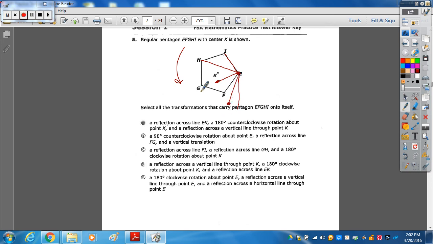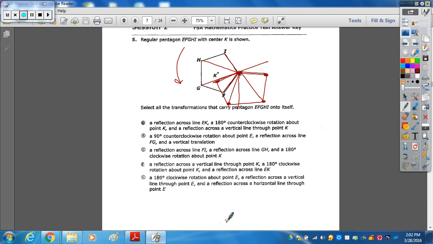That would be H, G, G would be somewhere in there, F would be somewhere, nope, that's not right. F would be somewhere in there, and then E remains the same, so we would have something that would look like this. Okay? And in that case, if we use onto itself as the definition, it wouldn't be onto itself because K doesn't remain the center point.